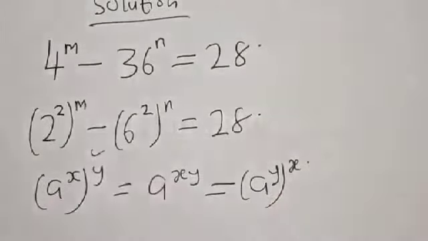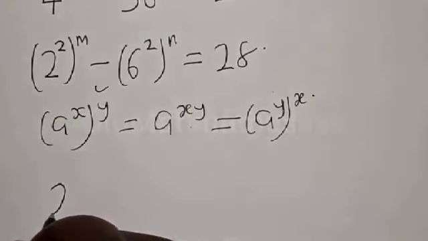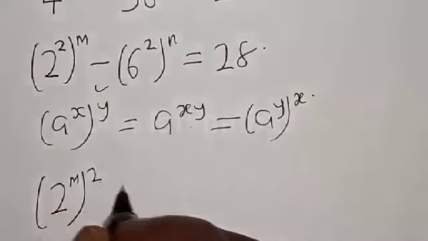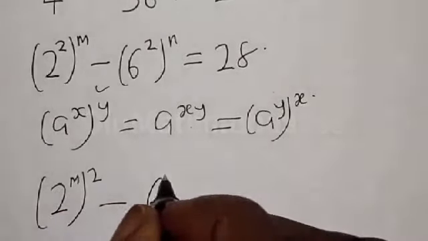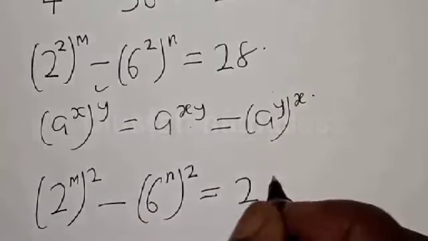Therefore, this equation becomes 2 raised to power m all square minus 6 raised to power n square is equal to what?